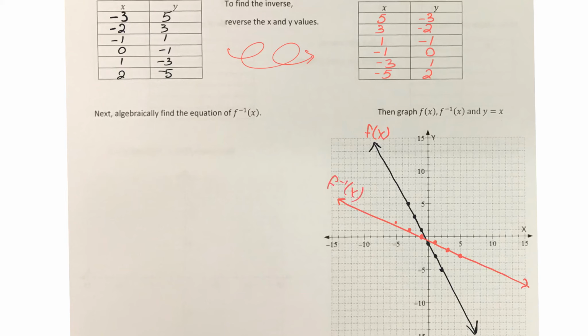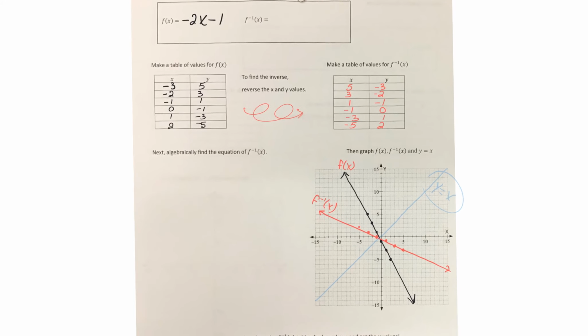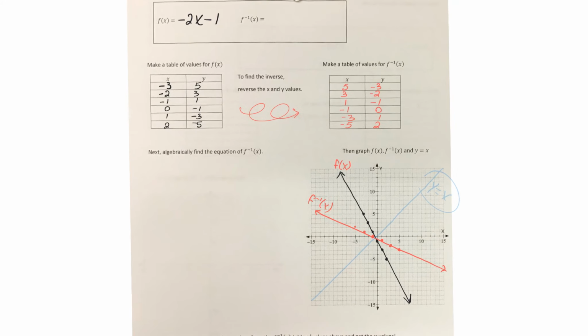So then let's check and see if we've still got a reflection over y equals x. And we do, right? Like if I folded this in half on y equals x, I would have a symmetrical thing. So if I go find this algebraically, remember, we're just reversing things.